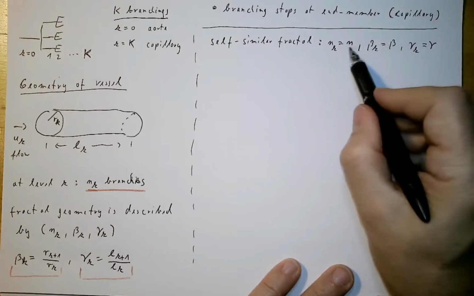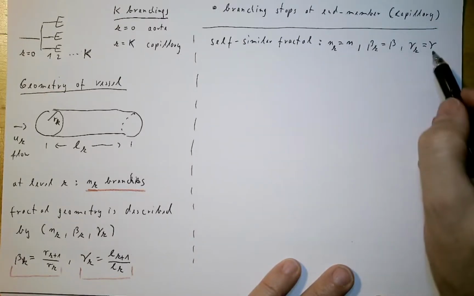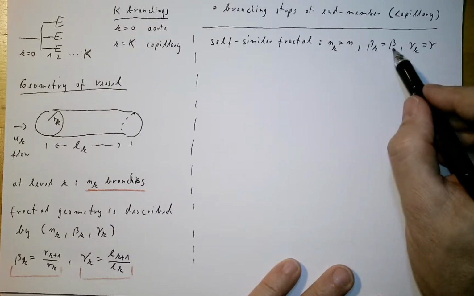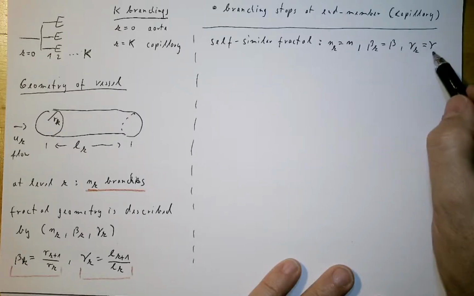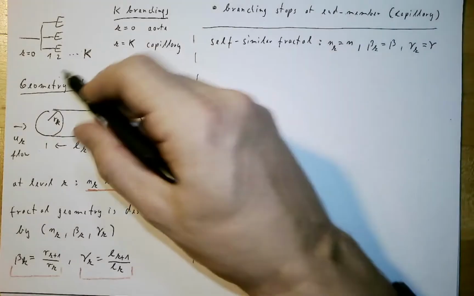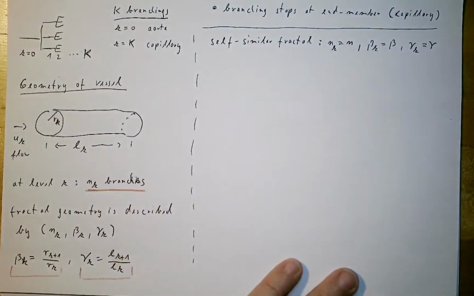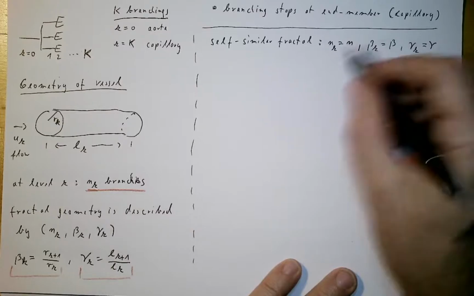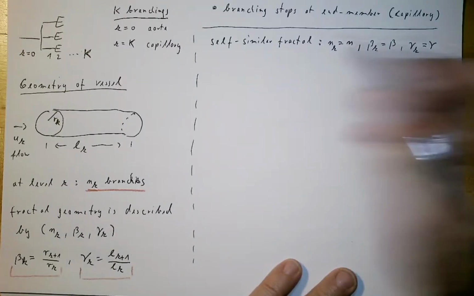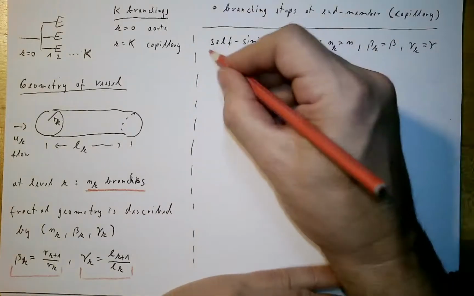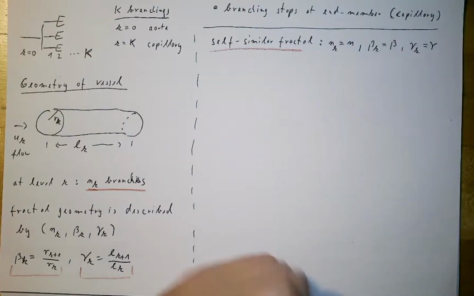So we just have these 3 numbers n, beta and gamma, which tell us the number of branches, the reduction in radius and the reduction in length at every level in our fractal. So this branching process has always the same properties, and that's what we said before. That's a self-similar thing, and we want to have a self-similar fractal, and that's very nice because now we have just these 3 numbers.